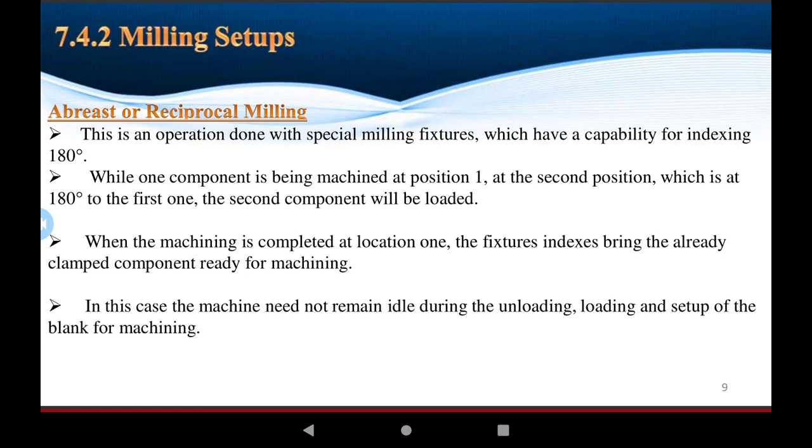The approach for the milling setup is reciprocal milling operation. This is done with a special milling fixture which has the capability of indexing by 180 degrees.